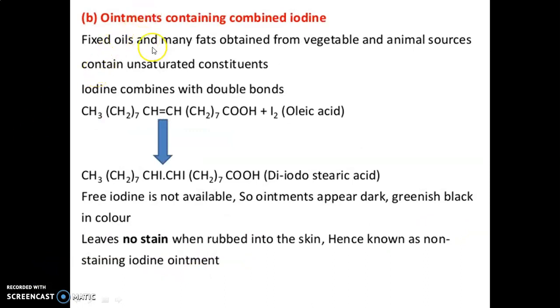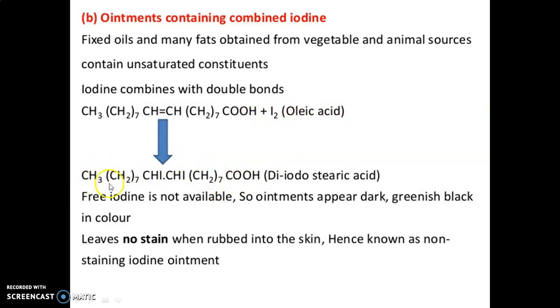Then ointment B, that is ointments containing combined iodine. In that the fixed oils and many fats obtained from vegetable and animal sources contain the unsaturated constituents. Iodine combines with double bonds, that is CH3 (CH2)7 CH=CH (CH2)7 COOH plus I2, that is oleic acid.